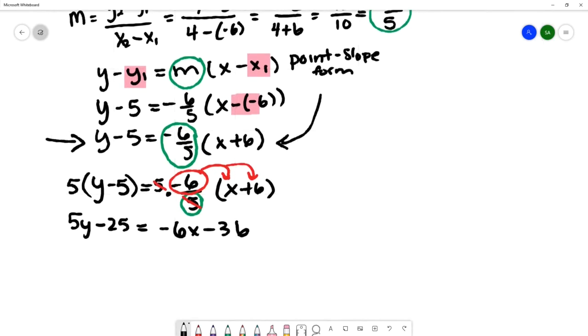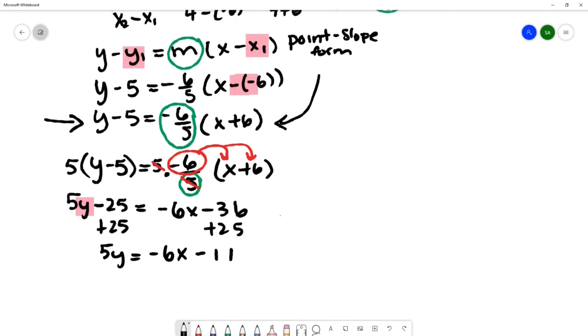Now that we've gotten rid of the fraction, I'm going to isolate the y by adding 25 to both sides. That gives 5y equals negative 6x. Now add negative 36 plus 25, which gives negative 11.